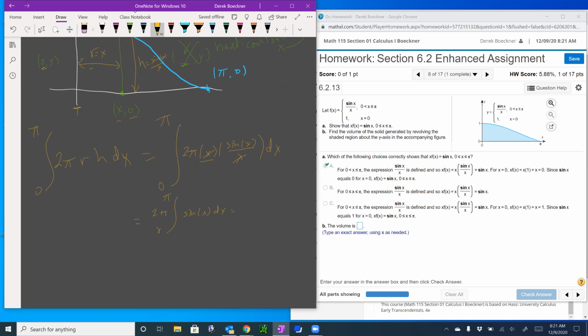It's going to turn into the cosine minus cosine, which I believe turns into 4 pi if I evaluate it correctly real quick in my head.